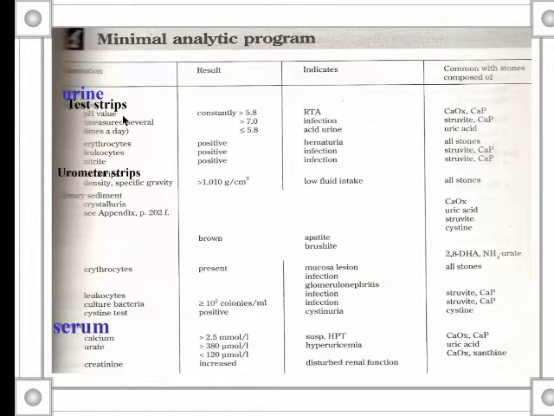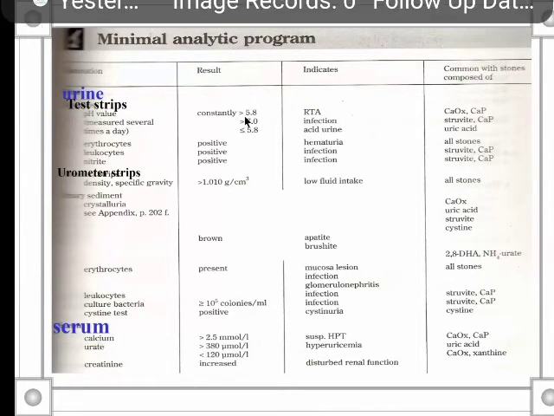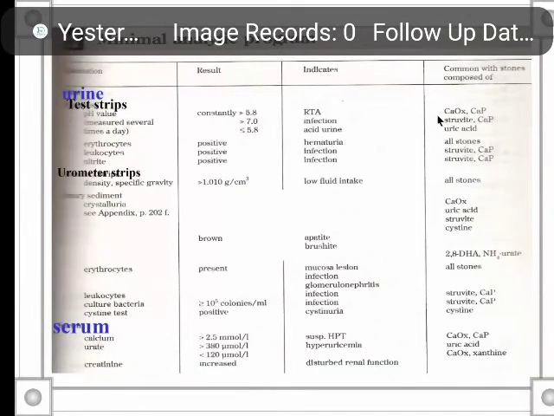So you repeat this pH several times a day and find out whether it is constantly more than 5.8 or less than 5.8. Less than 5.8, it is a uric acid stone; more than 5.8, calcium oxalate or calcium. And if it is persistently more than 7, it means it is struvite stones, infection.